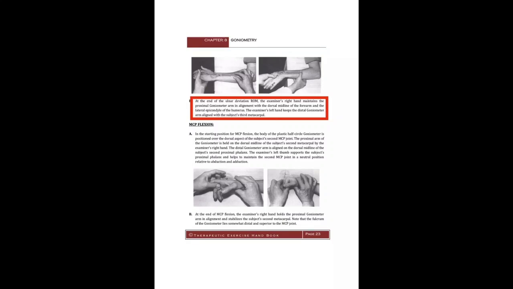The main points are: the proximal arm of the goniometer acts as a fixed reference line. It stays along the forearm. The distal arm moves along with the hand during deviation. The fulcrum or axis is usually placed over the capitate bone on the dorsal wrist. This setup ensures accuracy by keeping both arms of the goniometer in the correct anatomical alignment.